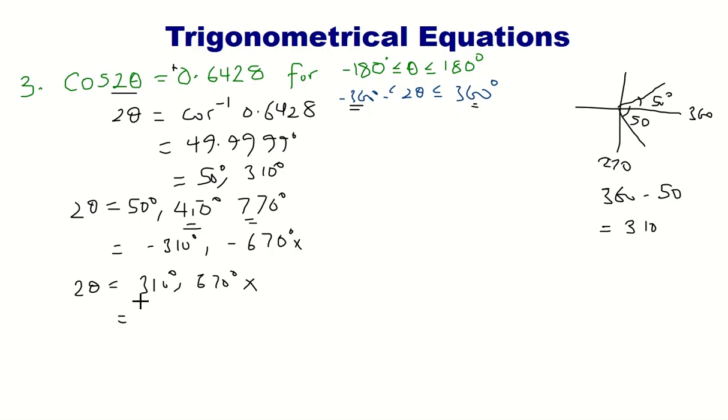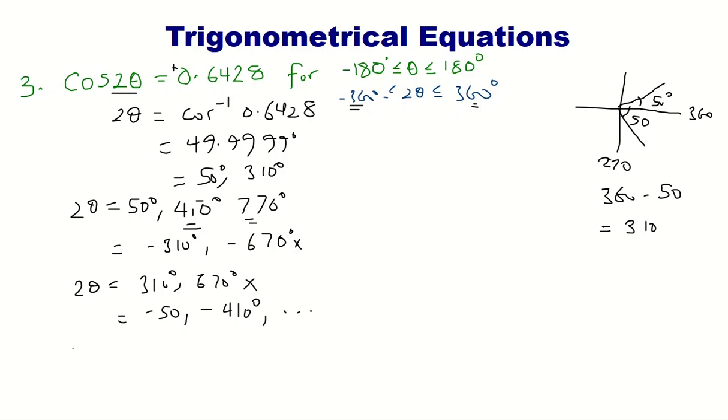And then the negatives, we said subtract 360: 310 minus 360, we end up with a negative 50. Subtract 360 from negative 50, we get a negative 410 degrees. This one is already beyond negative 360, so we don't need to continue from here.